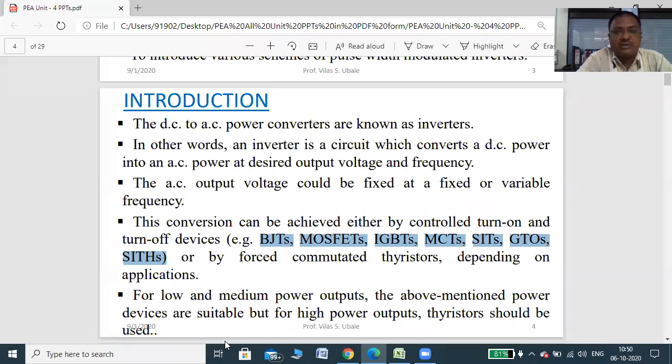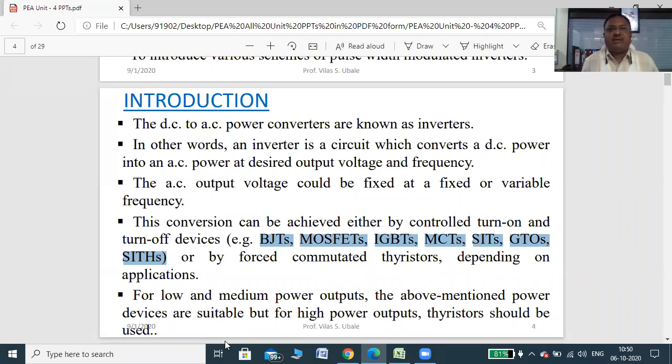Like your converter, the power devices are the most important part of the inverter circuit. Even in the inverter circuit, the triggering circuit or the protection circuits are again not shown. But we know that every power device requires a triggering circuit or protection circuit, right?